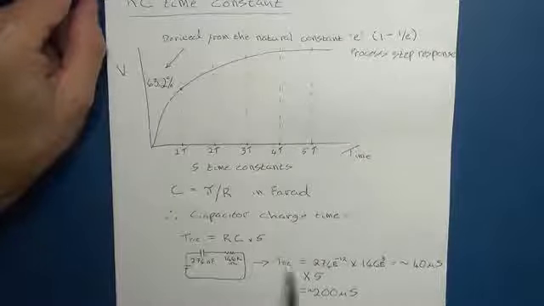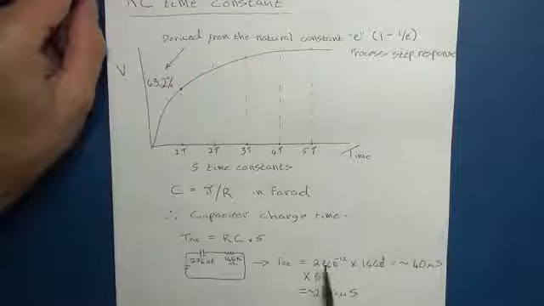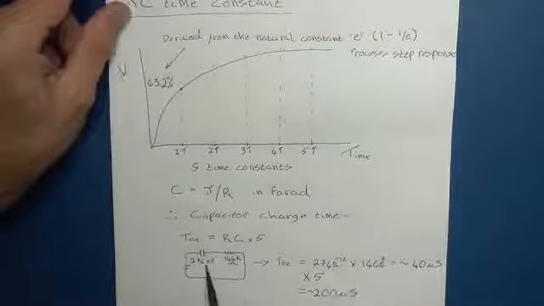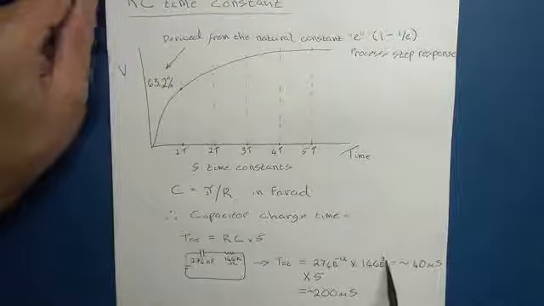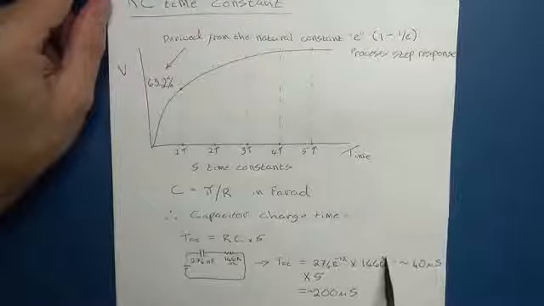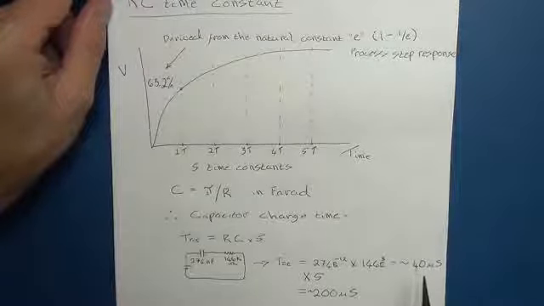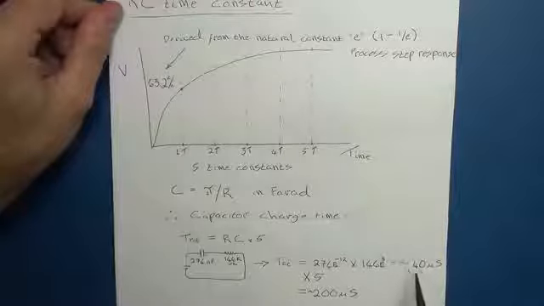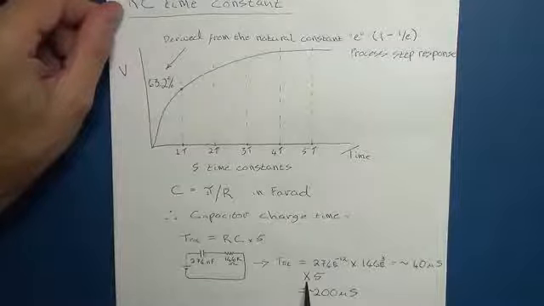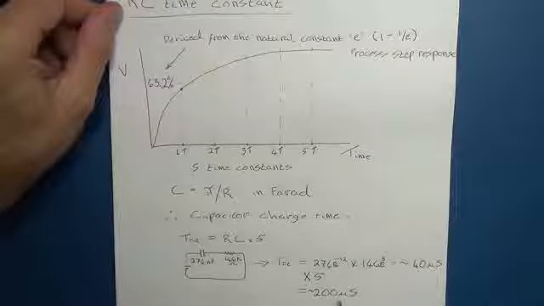Your time is equal to 240 times 10 to the minus 9, because it's nano, multiplied by 146 times 10 to the 3, because it's kilo ohm. That first answer will be approximately, not exactly, around 40 microseconds. If you multiply that by 5, you will get approximately 200 microseconds, and that would give you the charge time of your capacitor.